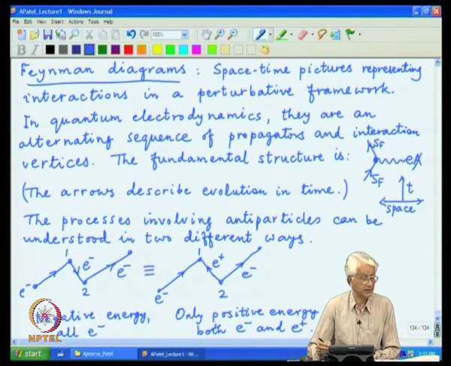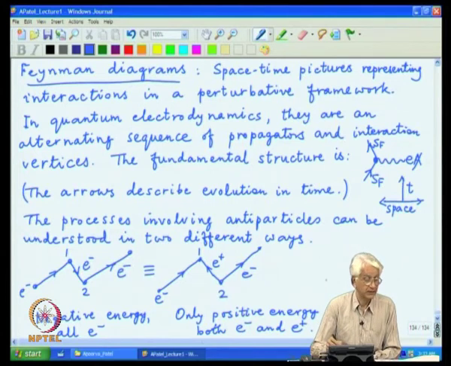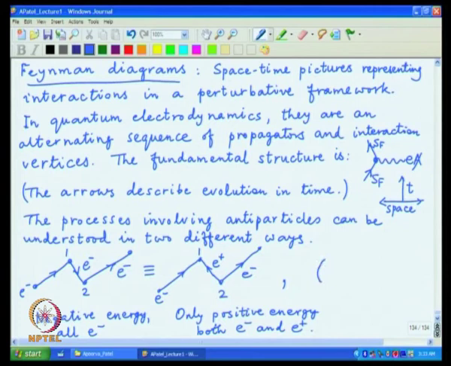A similar description can also be given for processes which involve loops. The most simple example of such an object can be just two segments.